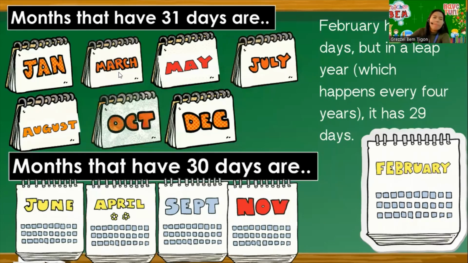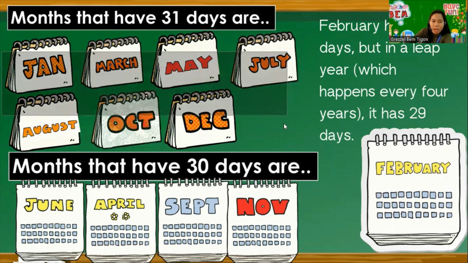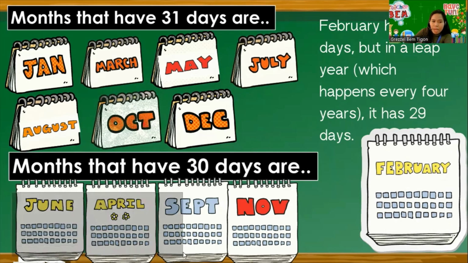Now, grade 1, since we are talking about the months, in a year there are 7 months which have 31 days. These are January, March, May, July, August, October, and December. And 4 months have 30 days: June, April, September, and November.